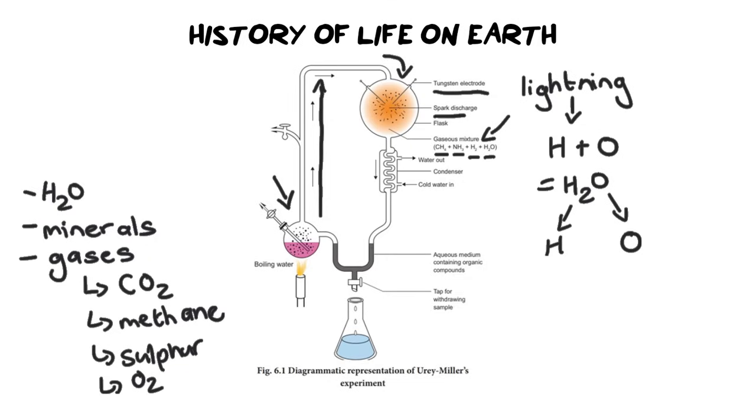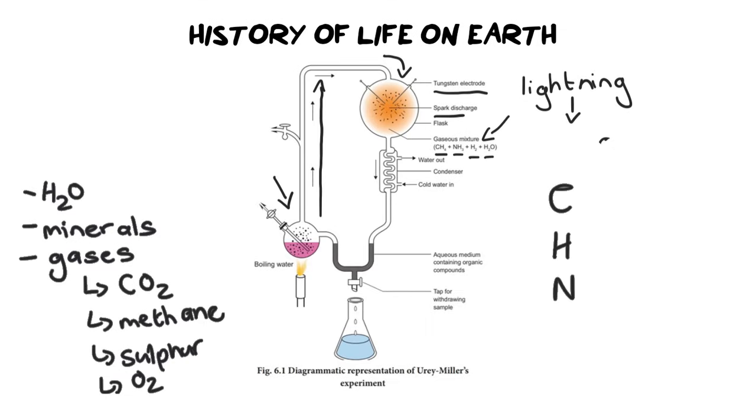And what interesting thing happened was every time we did a little electric shock, we would break up the components of these gases and these gassy mixes that we had, and we broke them down into things like carbon, hydrogen, nitrogen, and oxygen.